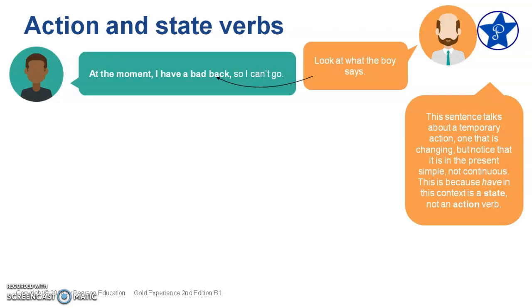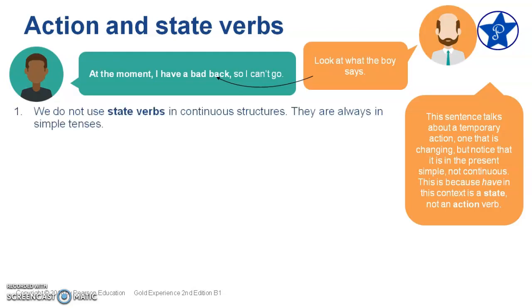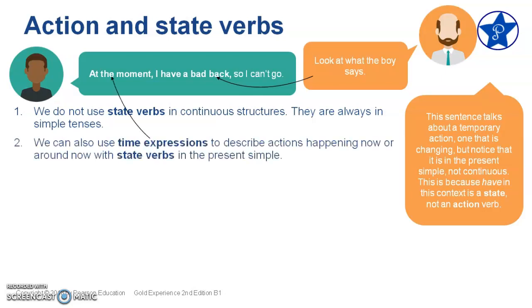This is because have in this context is a state, not an action verb. We do not use state verbs in continuous structures. They are always in simple tenses. We can also use time expressions to describe actions happening now or around now with state verbs in the present simple.